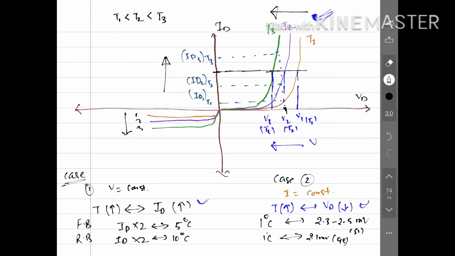So to solve this question, the important thing that we need to focus on is this. It is given that the temperature is increased by 10 degrees, and the current is constant. So at room temperature it is 2.5 millivolt per degree, and VD after 10 degrees Celsius would be 2.5 into 10, which is equal to minus 25 millivolt.